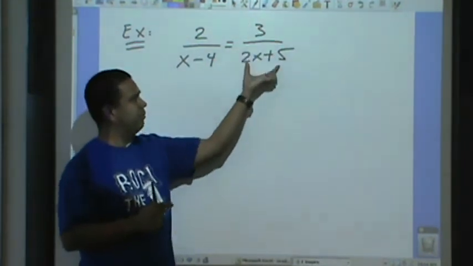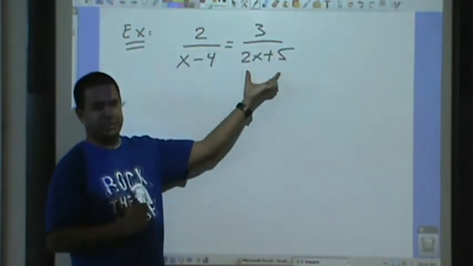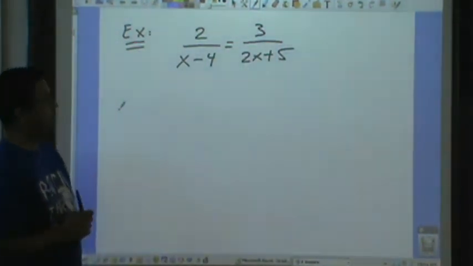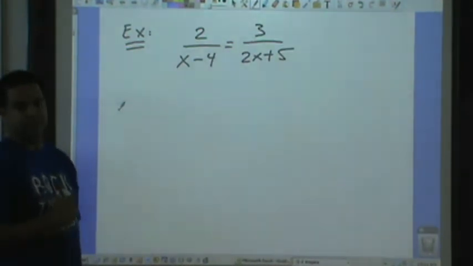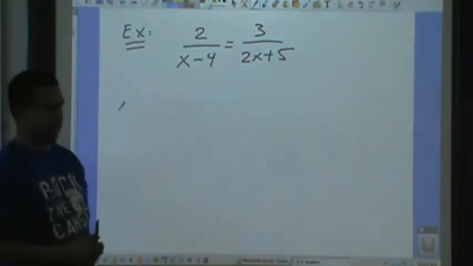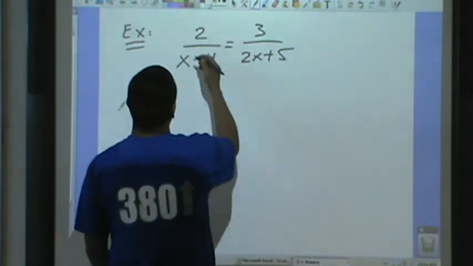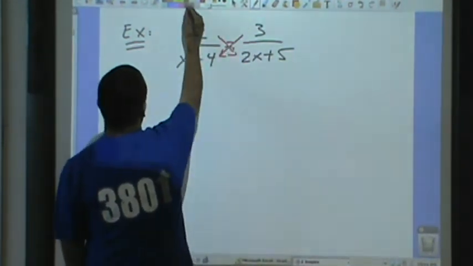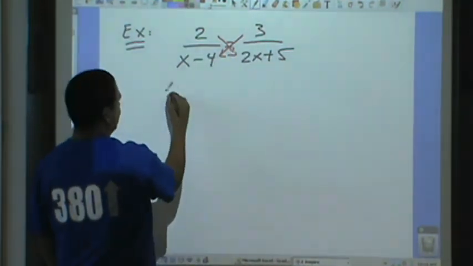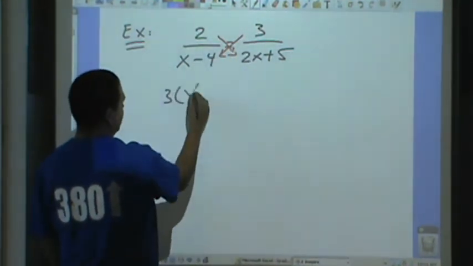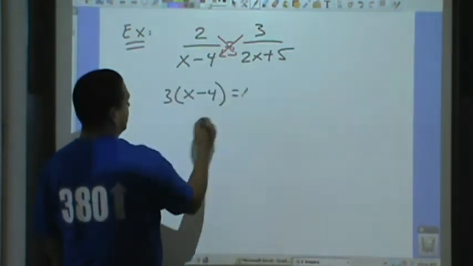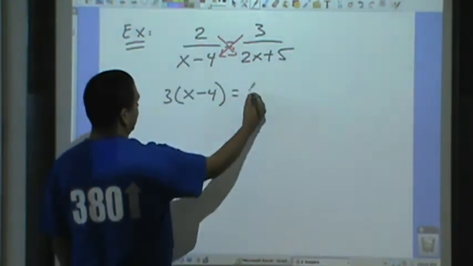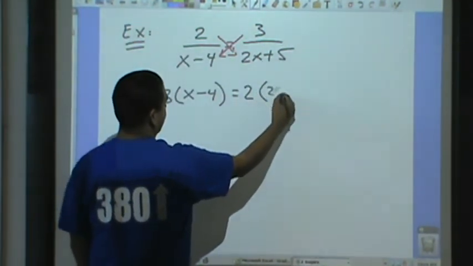Fraction equals fraction. That's a proportion. So how are we going to solve that? Cross multiply, use the cross product. Put 3 parentheses x minus 4 parentheses. So you would have 3 parentheses x minus 4 equals 2 parentheses 2x plus 5.